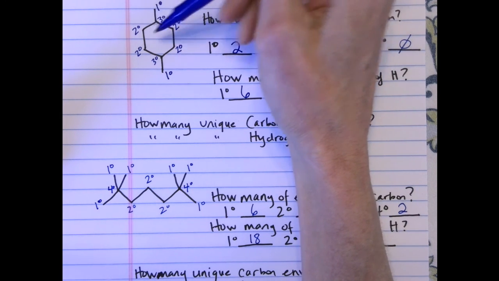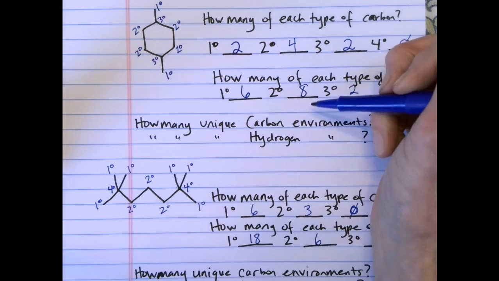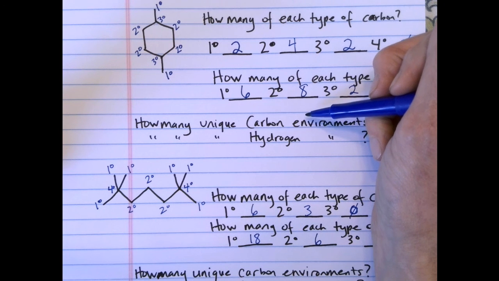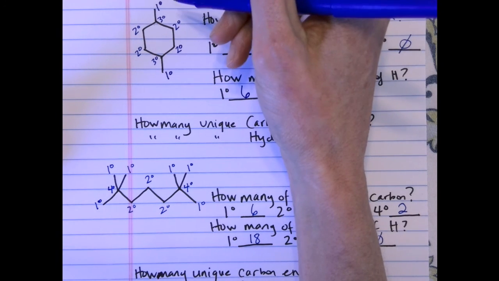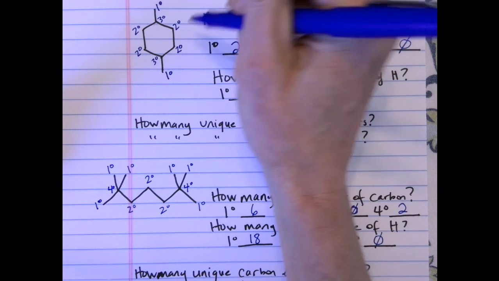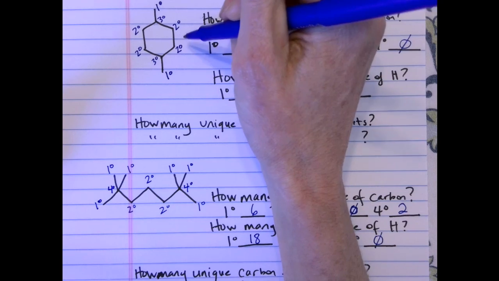1, 2, 3, 4, 5, 6, 7, 8. And it could be that there are 8 unique carbons or 8 unique carbon environments in this molecule where all of these carbons are different from one another. But remember how I said there's lots of symmetry in this molecule?